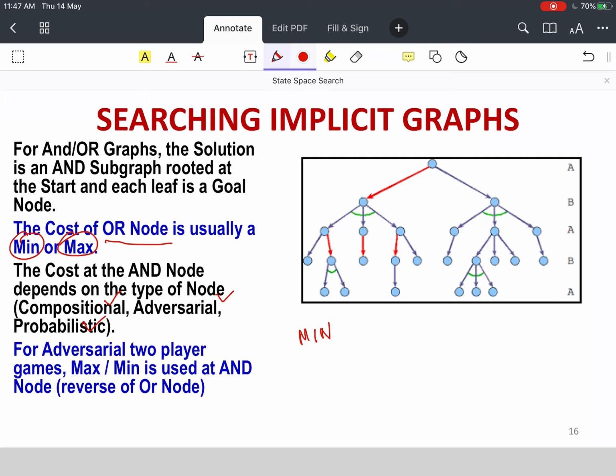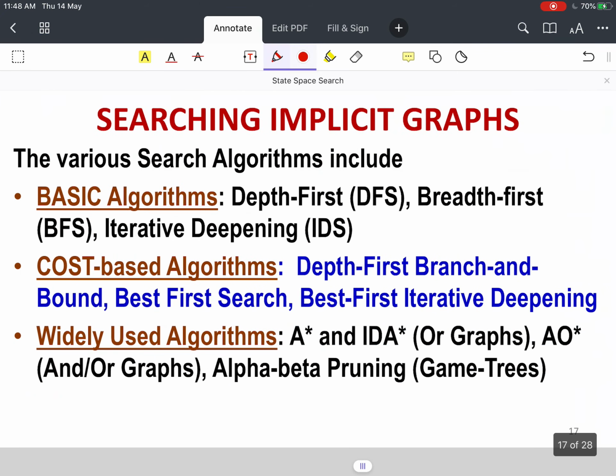For example, we say that if I win, then I get a -1, and if I lose, I get a +1, and if I draw, I get a 0. So for a particular player whom I want to win, then I will make min at the OR node, and at the opponent's node, I will try to take the max, because the opponent will try to worsen my situation.